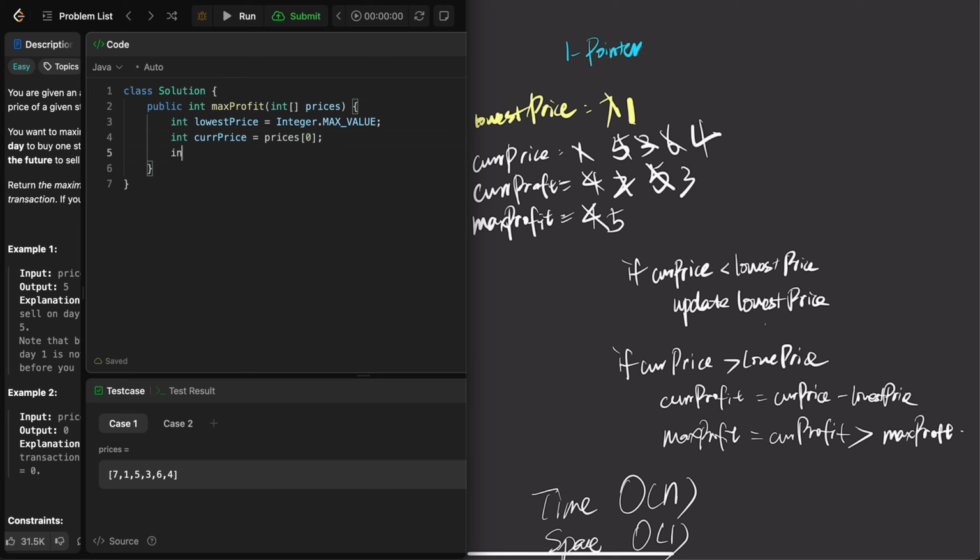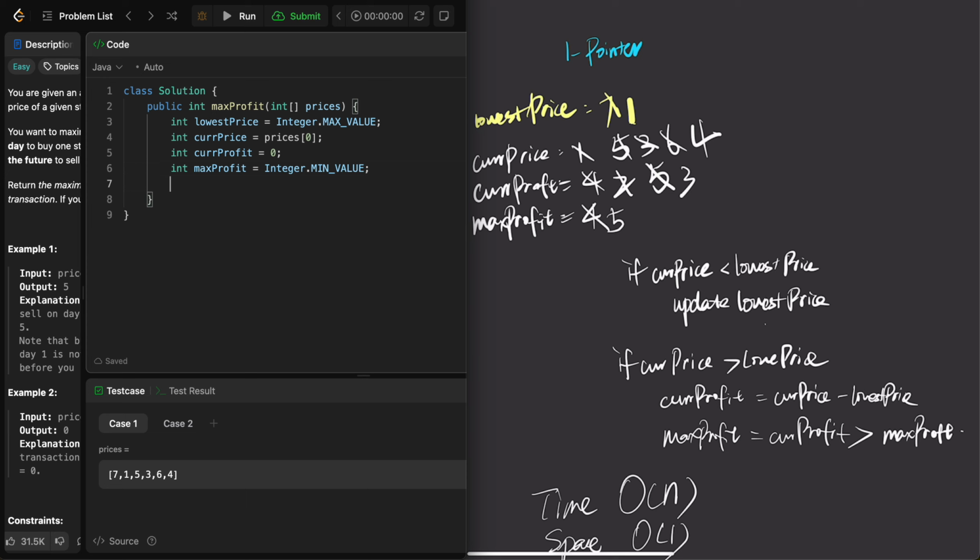And the current profit, it will be like integer dot max. Oh wait, or just 0 right now. And the maximum profit can be integer dot min value, so that if any profit is greater than that, we can just start to update it.